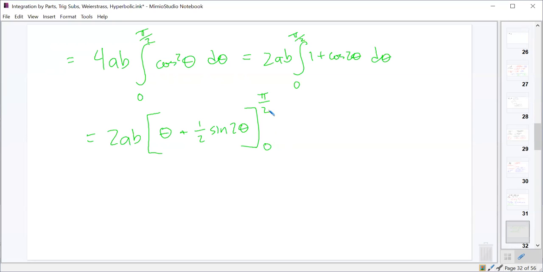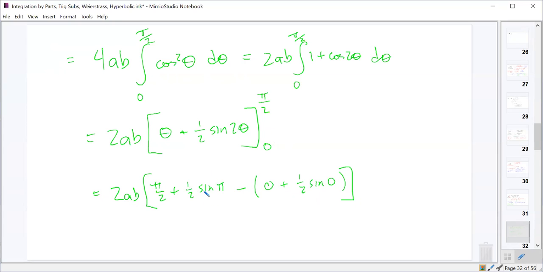Any questions on that so far? Then we'll just plug it in and be done. So we got 2ab times pi over 2 plus 1/2 the sine of pi, minus 0 plus 1/2 the sine of 0. And what's the sine of pi?